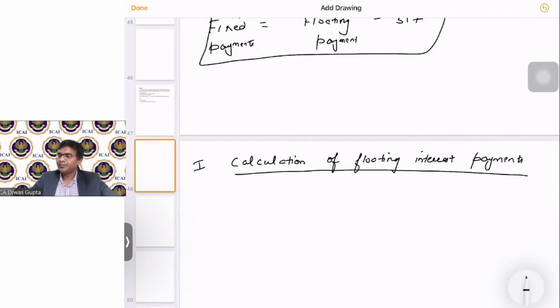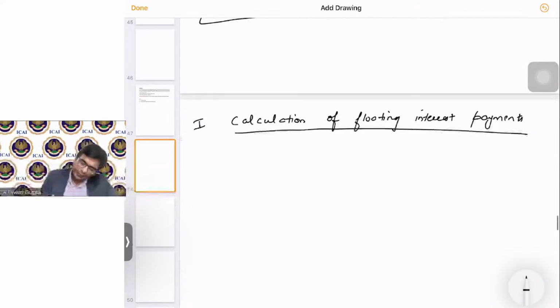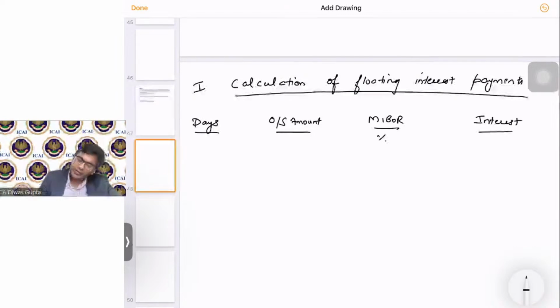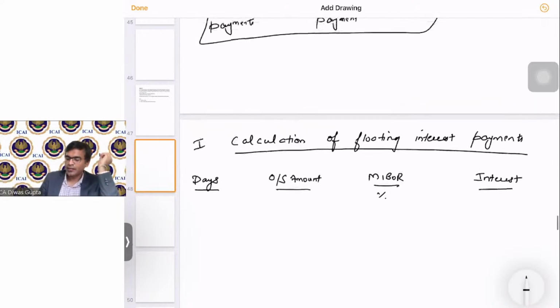Let's plot days, outstanding amount, MIBOR percentage, and finally interest.